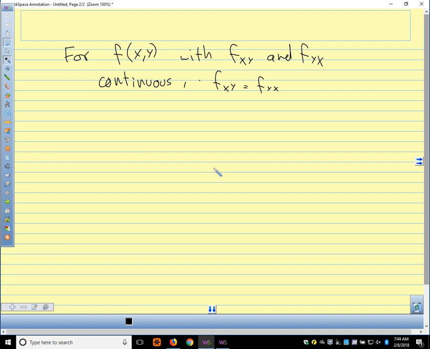So the process of taking mixed partial derivatives is not complicated. It's just we're repeating what we did last time.